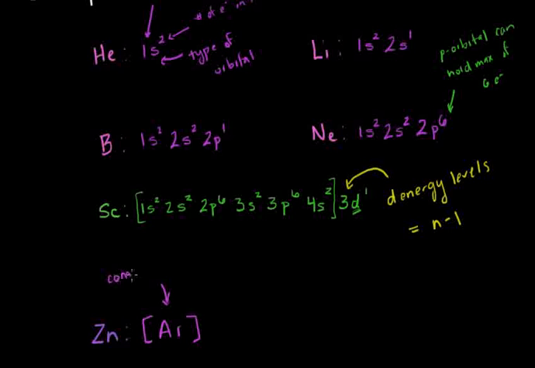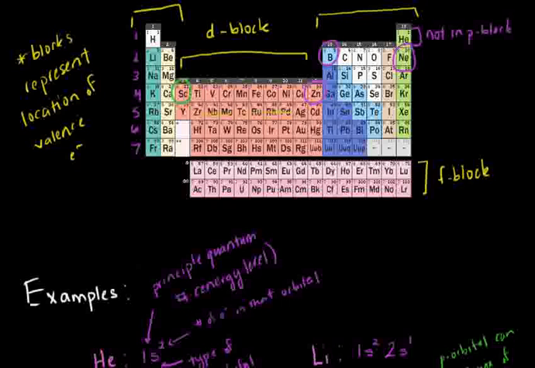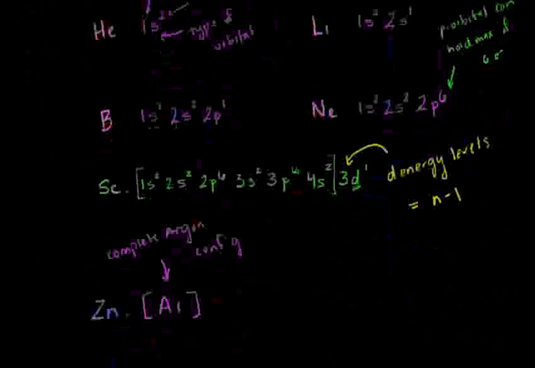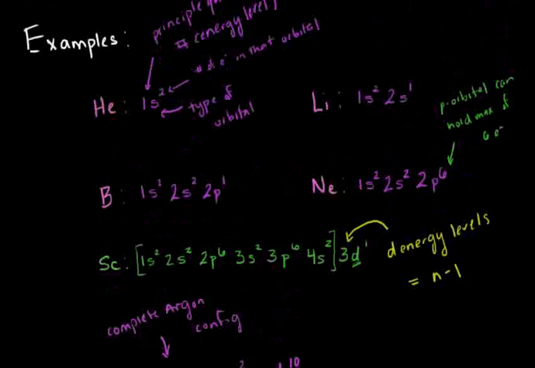It's a shorthand way of representing all of the lower level orbitals. And then we can just write the valence electrons. The valence electrons for zinc are going to be 2 in the 4s orbital and 10 in the 3d orbital, because zinc is the 10th transition metal in that period. So the electron configuration for zinc is going to look like argon, 4s2, 3d10. And that makes sense again.